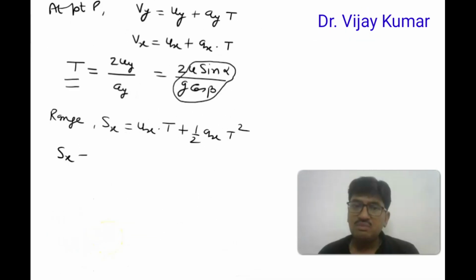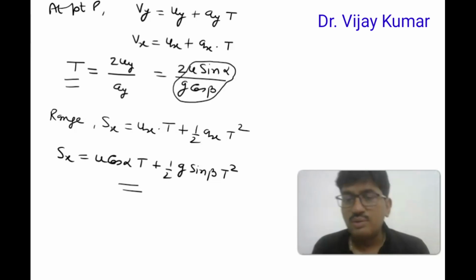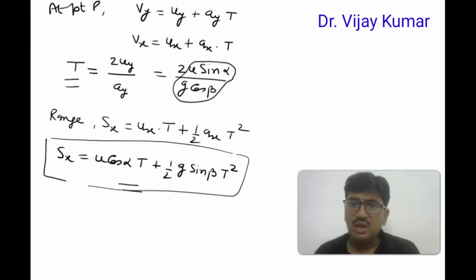So sx becomes u cos alpha t plus half g sin beta t square. This is the range. And if you want to solve more, then we can put the value of t in the equation.